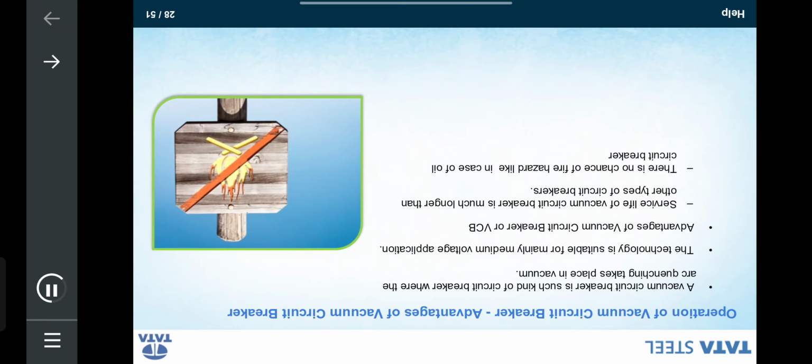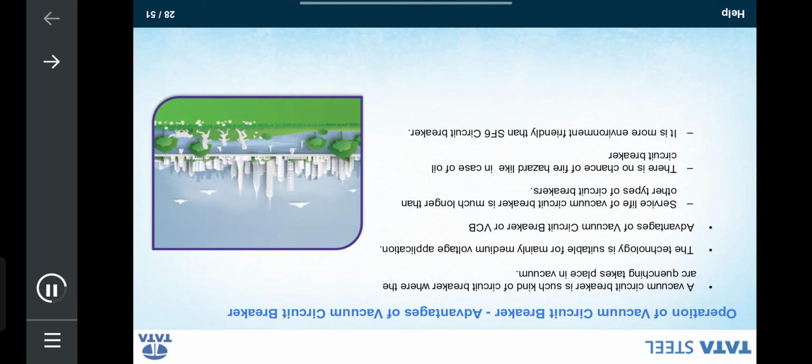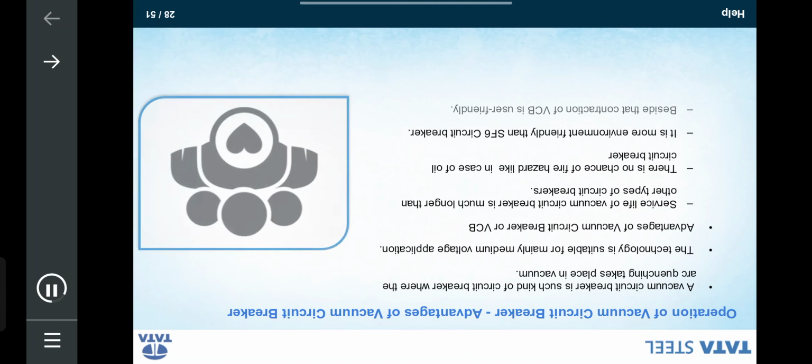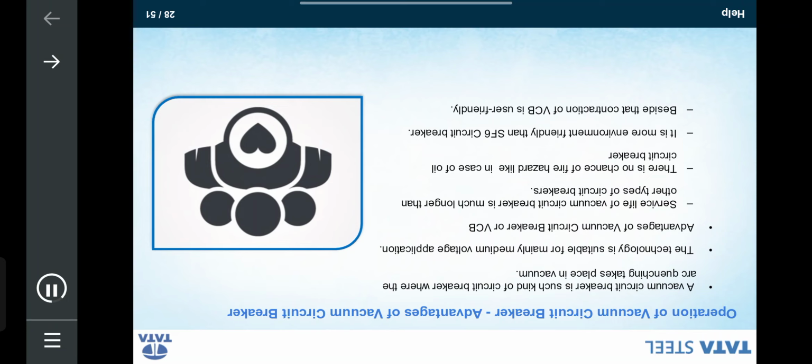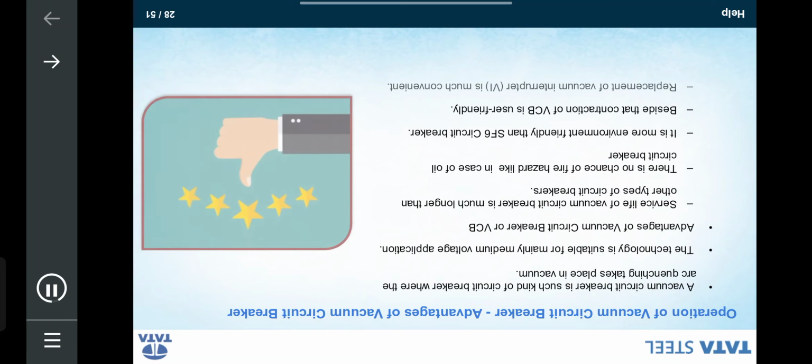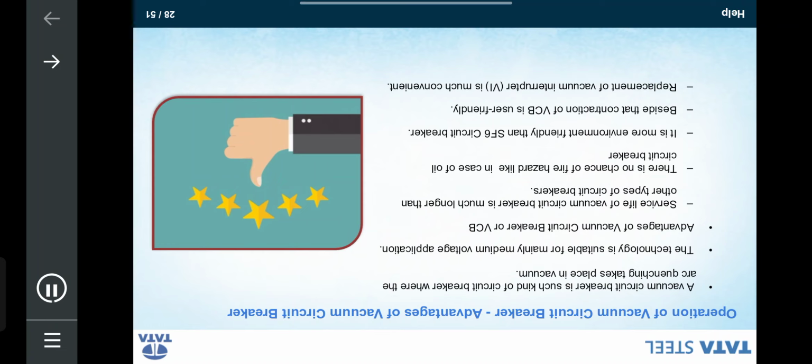There is no chance of fire hazard like in case of oil circuit breaker. It is more environment friendly than SF6 circuit breaker. Besides that, construction of VCB is user friendly. Replacement of vacuum interrupter is much convenient.